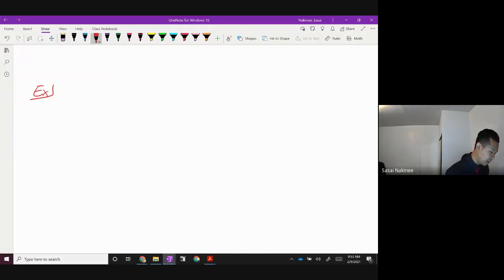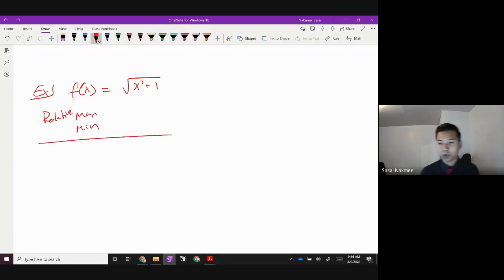If I gave you a function f of x equal to, let's say, the square root of x cubed plus 1, and I asked you to find the relative max and minimum for this problem. Can you move your thumbs up, thumbs down for a problem like this? Would you be okay with it? Are you less okay with it? Are you more okay with it? Or are you still in the same spot?